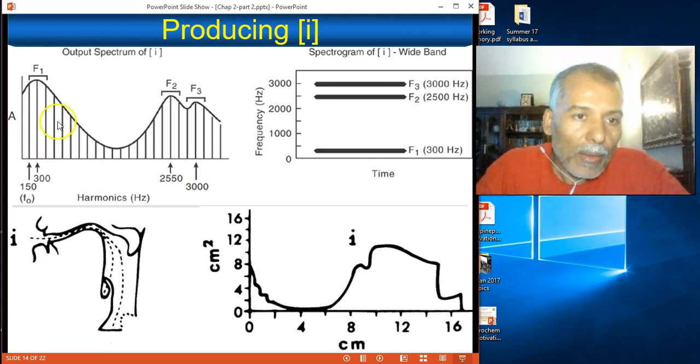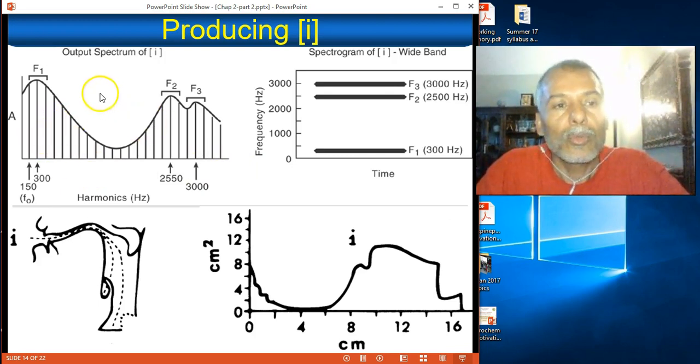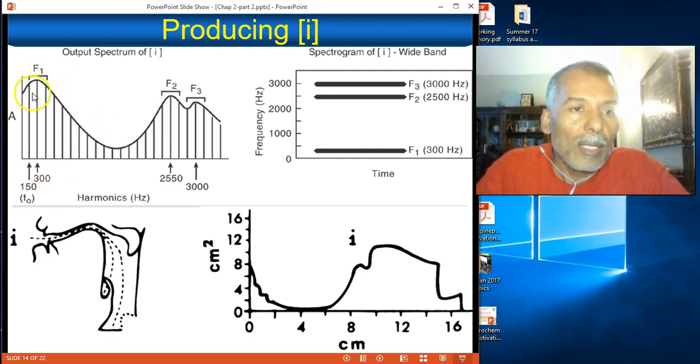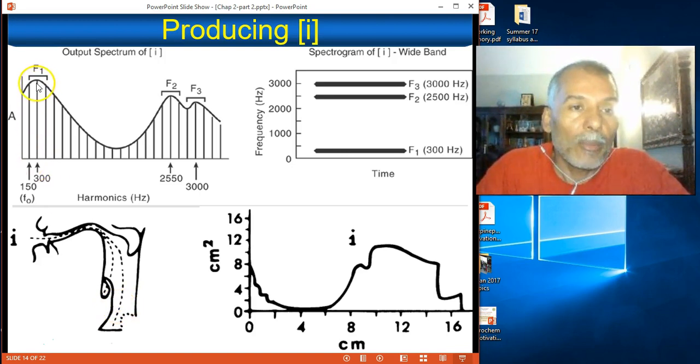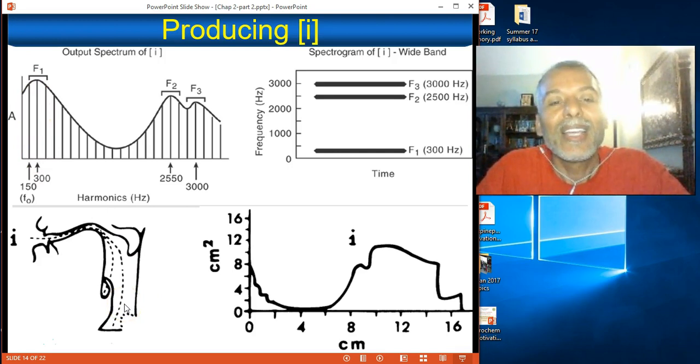So here's another one that is similar to the harmonic series that we looked at, and you go here, F1 here is at 300. If you measure the vibration of the air here, when the wave first starts to vibrate, then that will be 300 times per second for E.